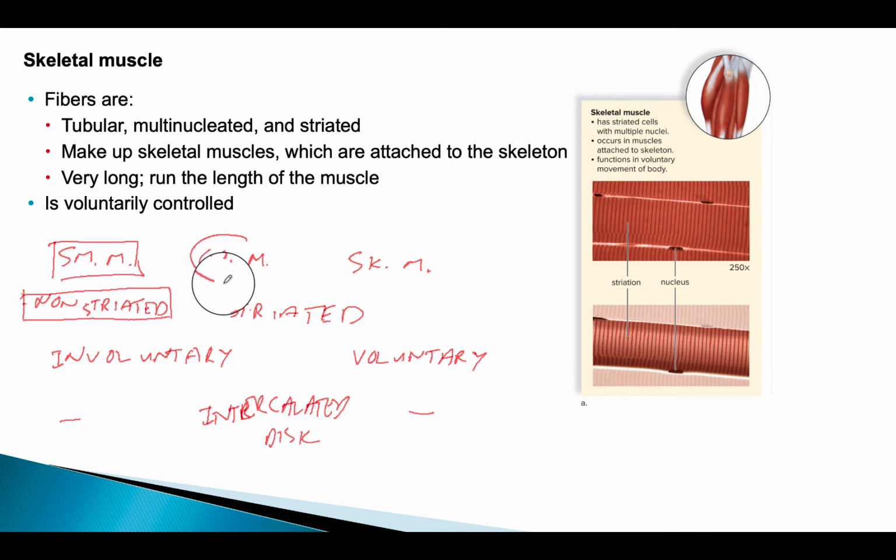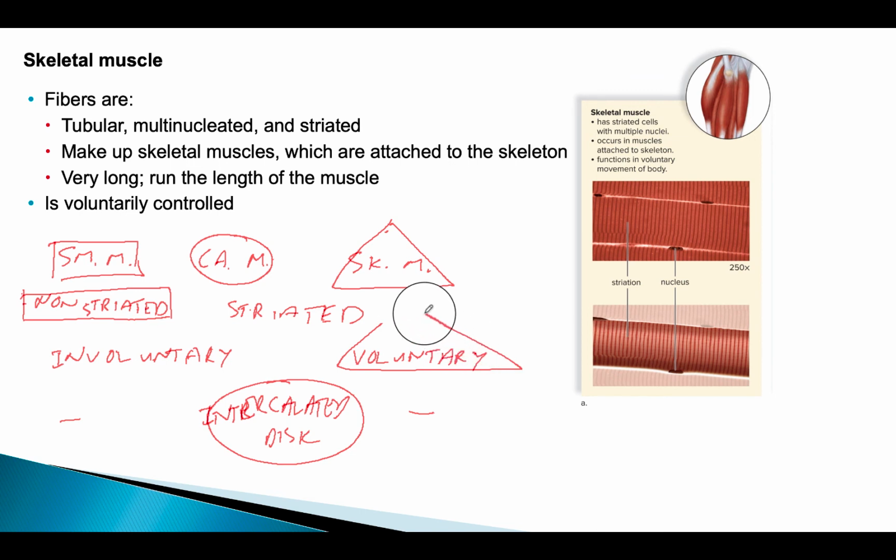I put a circle around intercalated. And then I'll put a triangle around voluntary. So that's what is unique about these muscles between each other.